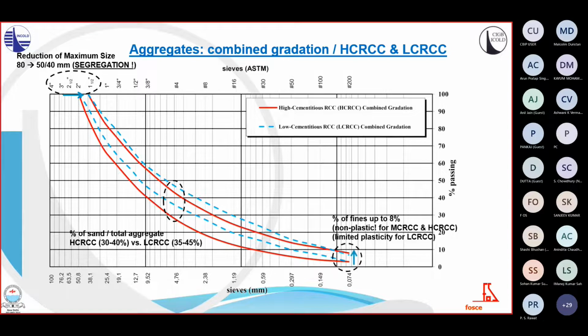And number three, at the bottom of the curves, the increased amount of non-plastic fines below 75 microns in any type of RCC. Non-plastic in the medium and high cementitious RCC, and some plasticity might be accepted in the low cementitious RCC under certain limitations.